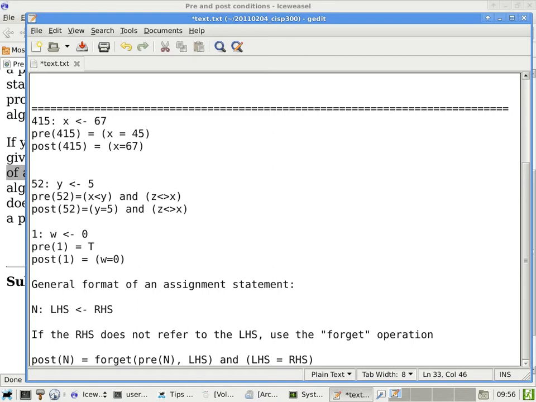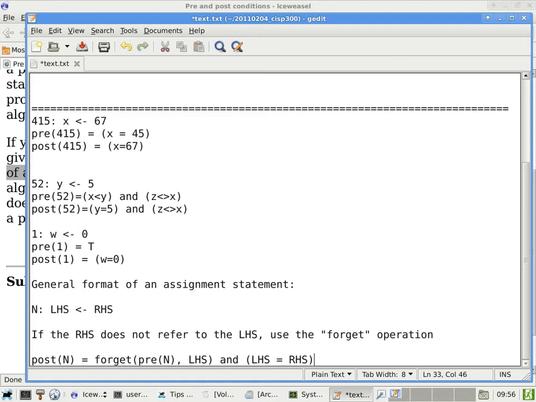If I know for sure that on a particular line, we call it line n, which is a number to be filled in later, that the right-hand side does not refer to the left-hand side, then I can use the forget rule. The forget rule is basically a general template to relate the precondition to the postcondition.